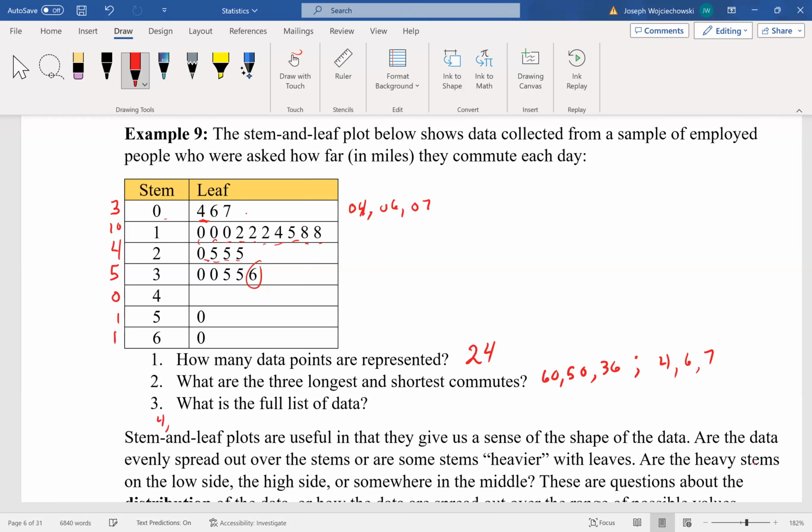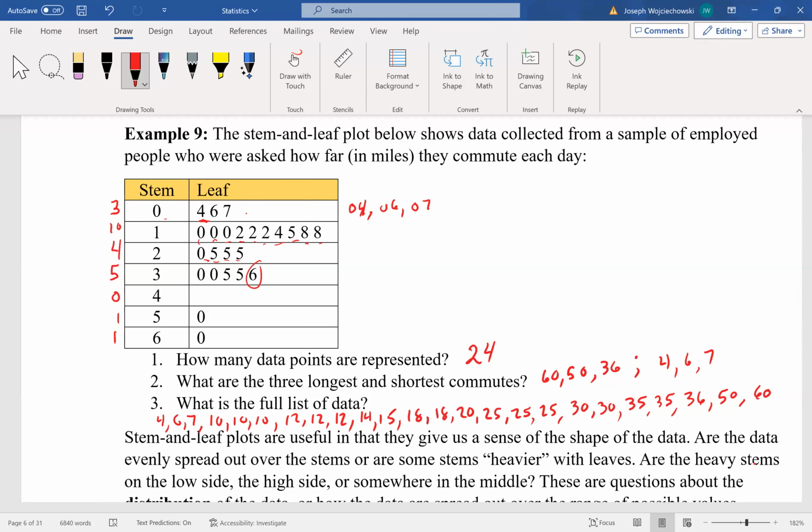We have 4, 6, 7, 10, 10, 10, 12, 12, 12, 14, 15, 18, 18, 20, 25, 25, 25, 30, 30, 35, 35, 36, 50, and 60.